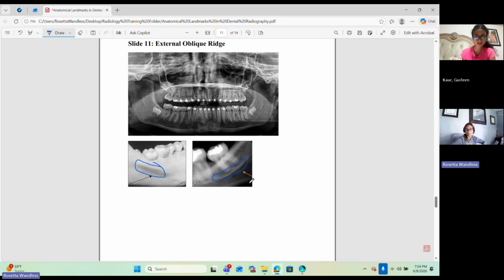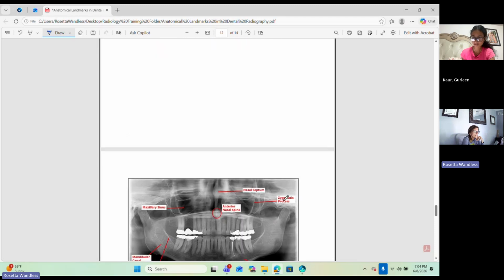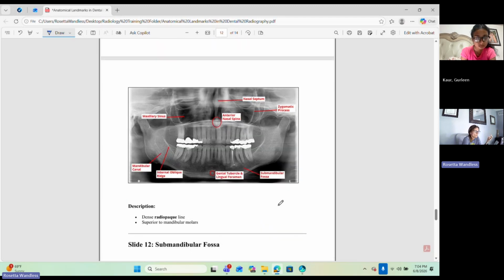That's how I remember it, because that canal has blood supply and nerves. So external oblique ridge is going to be that thick, radiopaque line, and it's superior to the mandibular molars.